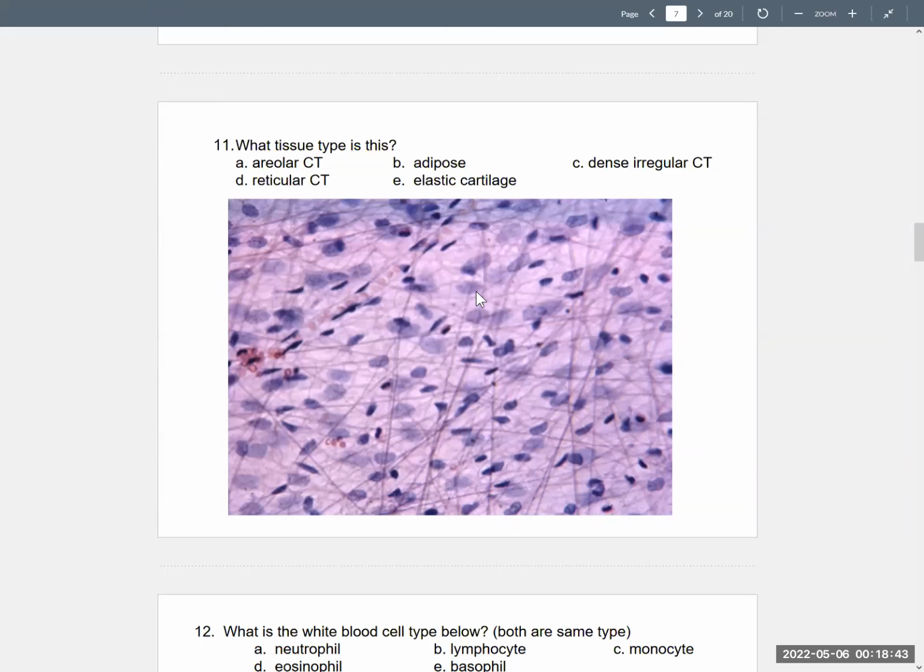Areolar. I've never heard anybody pronounce it, but it's a written test. Yeah, areolar, exactly. Areolar connective tissue.